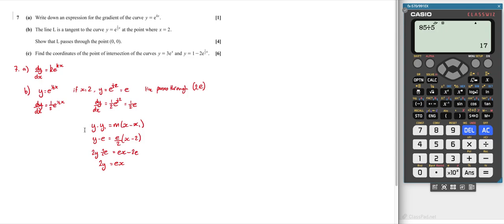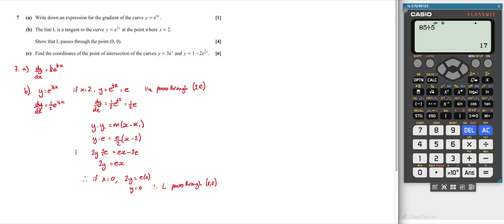So therefore, if x equals 0, 2y is e times 0, so y is 0. So therefore L passes through 0, 0.